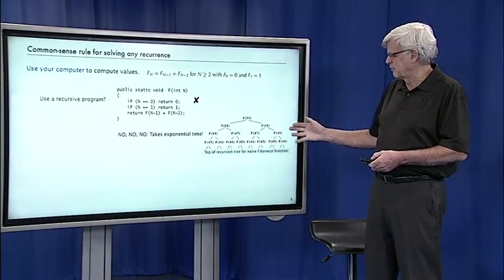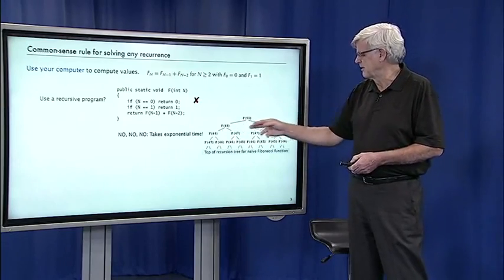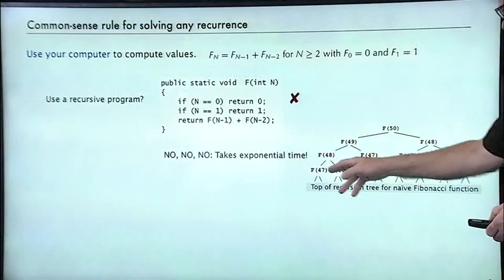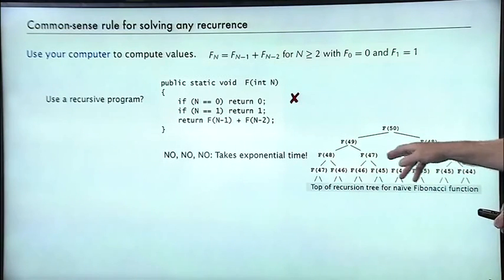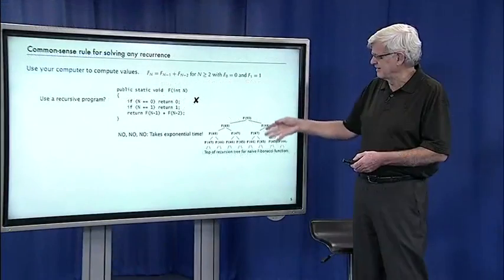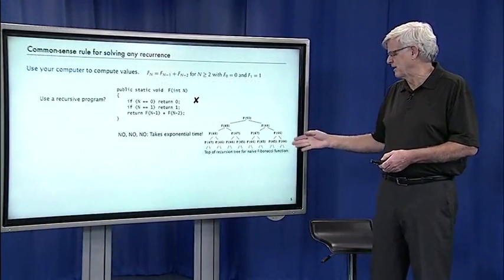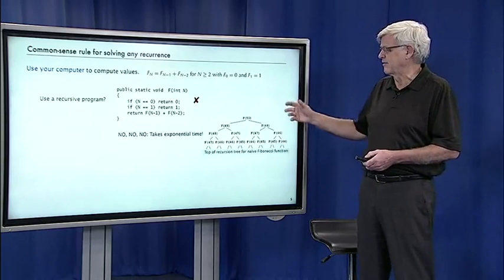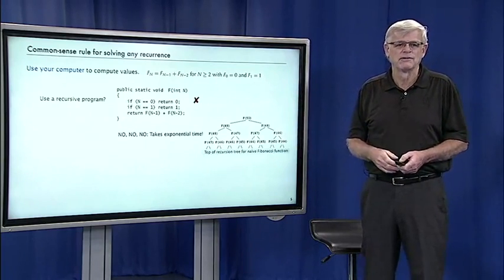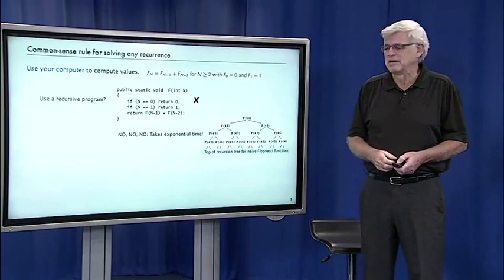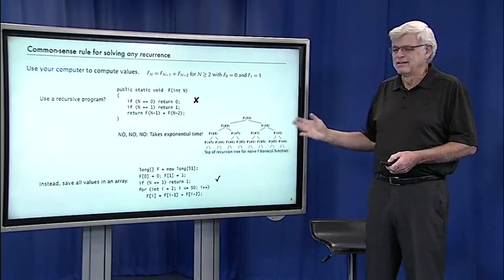And if you look at this table, you'll see that we're recomputing values all the time. F of 48 twice, f of 47 3 times, f of 46 5 times, and so forth. Actually, it takes exponential time to compute this, so it's not going to complete even for F50. It's much, much too slow. So it would be nice to think about using a recursive program, but we don't do that in practice.